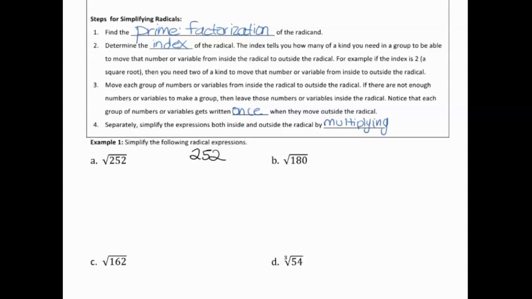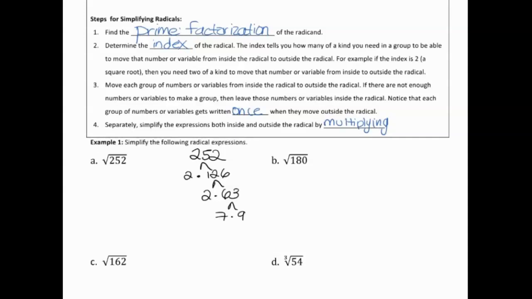So two numbers are multiplied to 252. In this case, we're going to use 2 times 126. Now the 2 is already a prime. We cannot factor it further, but the 126 we can. So 126 is going to be 2 times 63. Again, the 2 we cannot break down further, but the 63 could be 7 times 9.